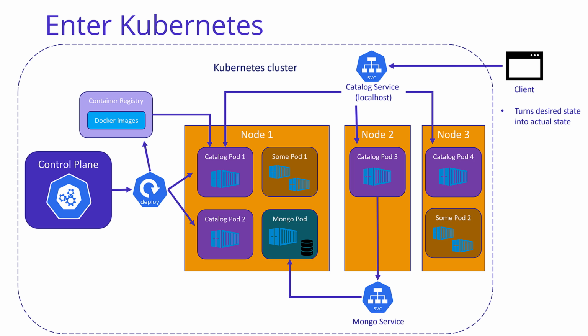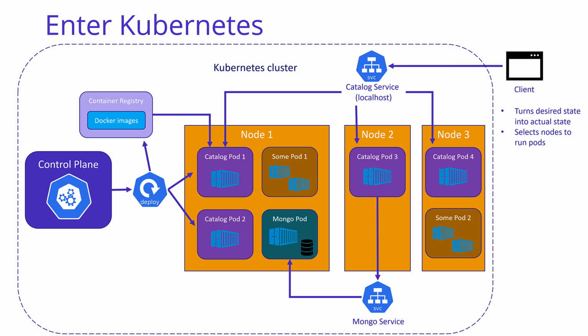So Kubernetes, via the control plane, will have to figure out how to make those 3 instances of the catalog container available as pods somewhere in the series of nodes that we have available. If you have 3 nodes, just find space in those 3 nodes. If you just had 1 node, figure out how to allocate that in that 1 node. Or we could have hundreds of nodes, right? So turn desired state into actual state is a key feature of Kubernetes.